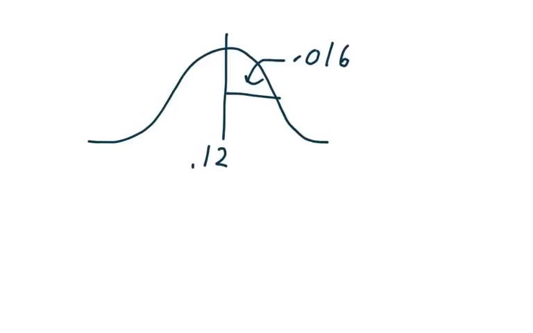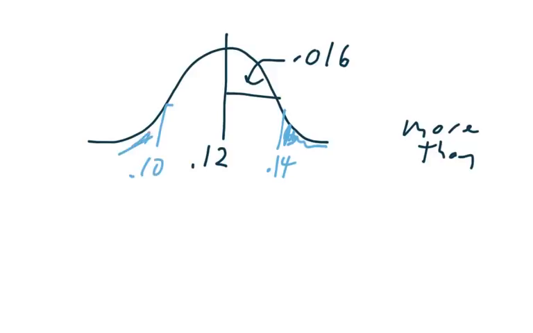What is the probability of the sample being more than 2% away from our expected result? Well, that means that it would have to be above 14%, or it needs to be below 10%, and these two shaded regions would be equal because of symmetry.